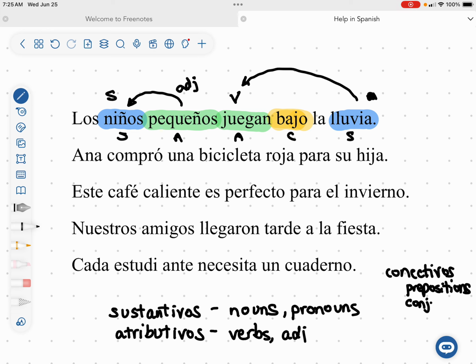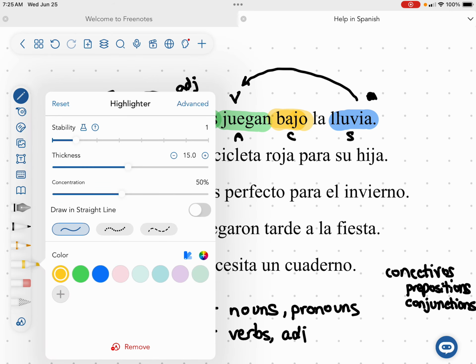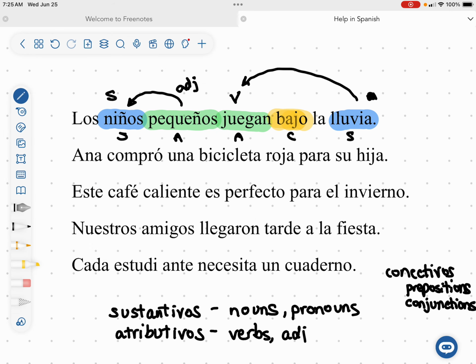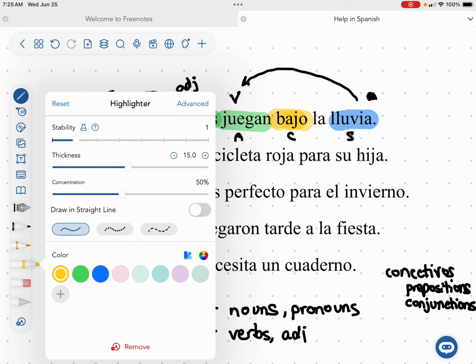There are relative pronouns too, but we're not going to get into those. Prepositions connect words, and that's the situation that we have up here. Bajo connects lluvia with juegan. So it's a preposition. There's no verb after bajo, which a conjunction requires.